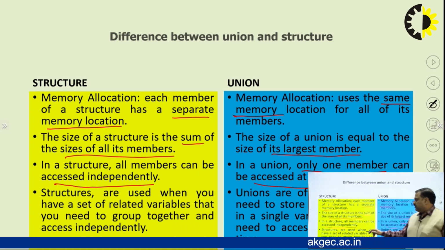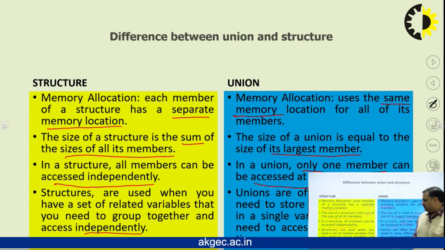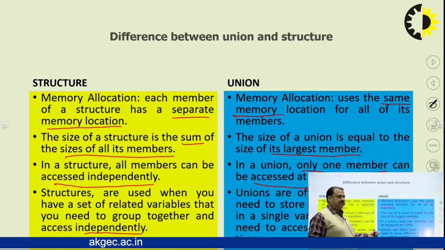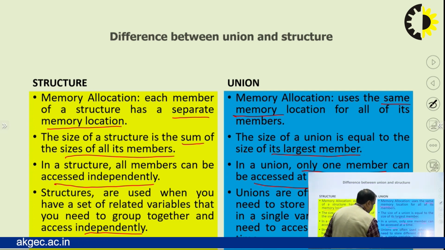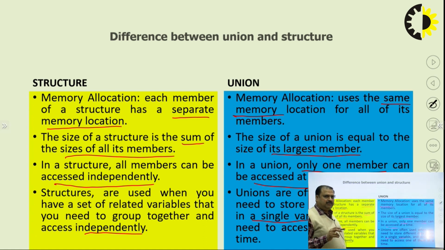Structures are used when you have a set of related variables that you need to group together and access independently. Whereas unions will be used when you need to store different types in a single variable. There may be a possibility of having different types, but only one will be valid at a time.